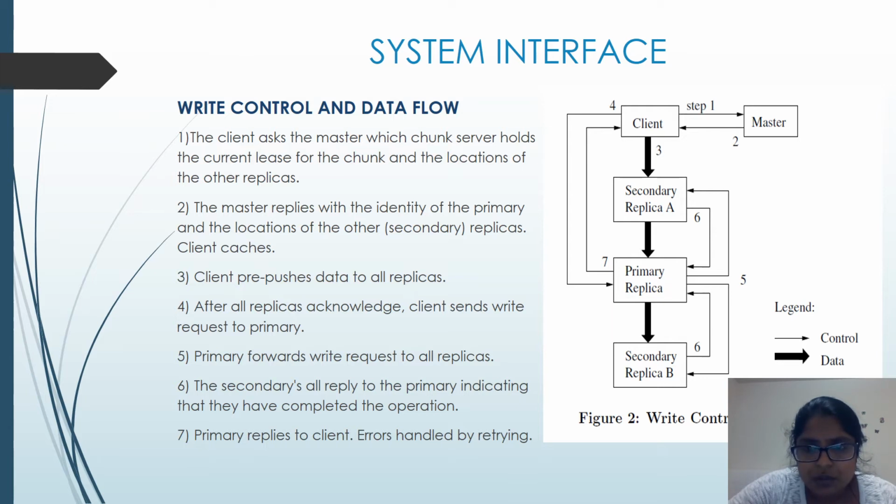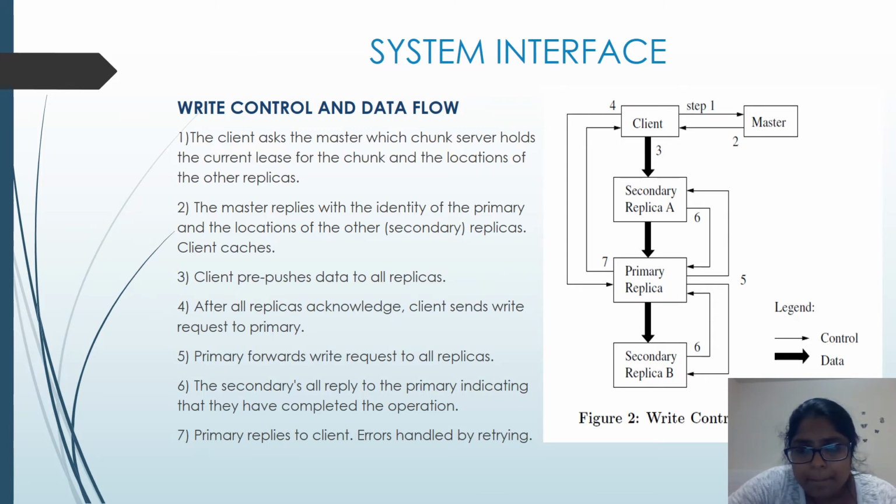The client doesn't follow any rule for sending the data to the replicas or order. Then the chunk server is going to store the data in an LRU buffer and cache it till it is used or expired. Step 4 is, after all the replicas acknowledge, the client sends the write request to the primary.